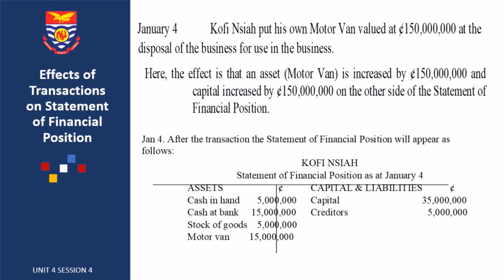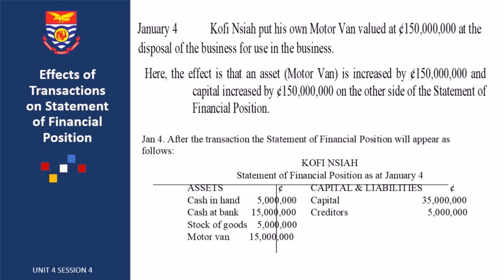So we'll find the volume of the asset increasing by 150 million Ghana cedis, and the capital contribution of the owner also increasing by 150 million Ghana cedis, because the owner has contributed an extra 150 million Ghana cedis.